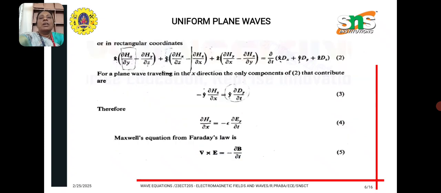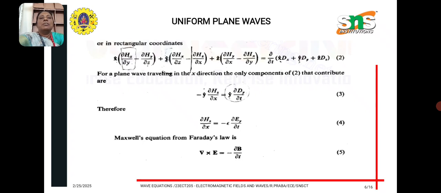And we are representing this in rectangular coordinates, that is, x vector into (∂Hz/∂y − ∂Hy/∂z) plus y vector into (∂Hx/∂z − ∂Hz/∂x) plus z vector into (∂Hy/∂x − ∂Hx/∂y) is equal to ∂/∂t of (x vector Dx plus y vector Dy plus z vector Dz).